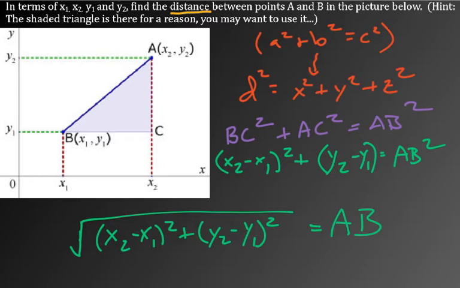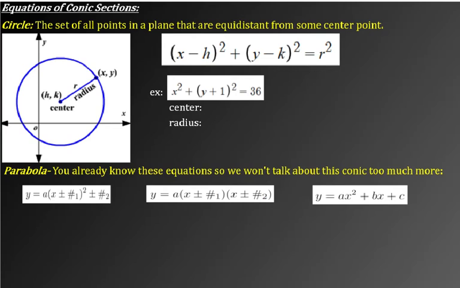And that is very related to one of the conic sections. It's related to a circle. If you've never seen it, this is the definition of a circle: a set of all points in a plane that are equidistant from some center point, okay?